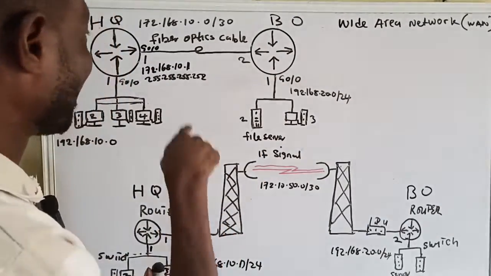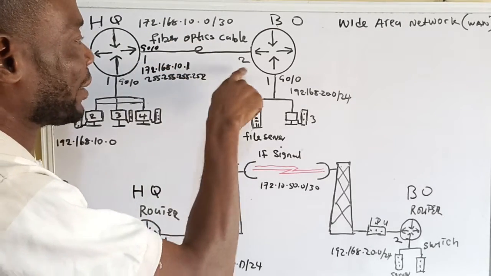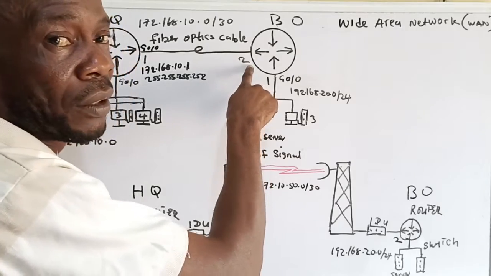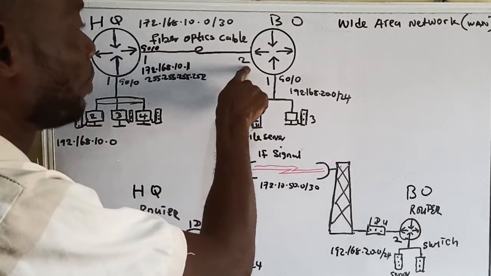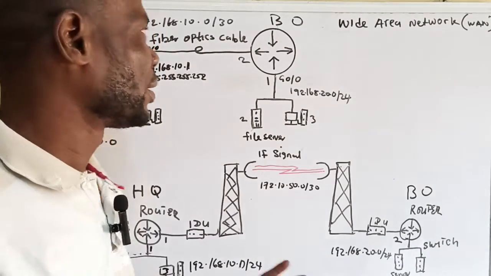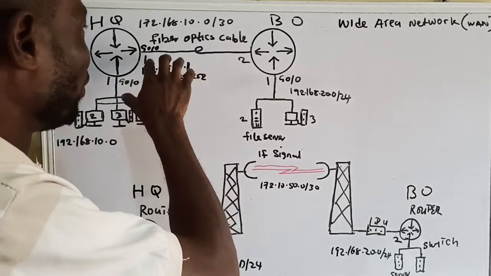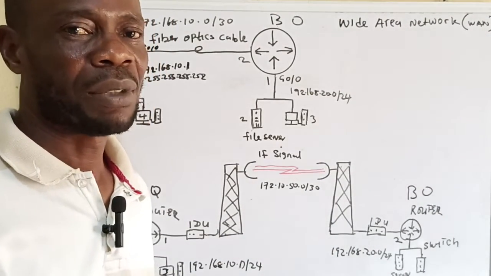So I've assigned the first IP address to this router and the second to the other. After that, you can ping this IP and the ping will be successful, which means the connection between these two networks has been established.